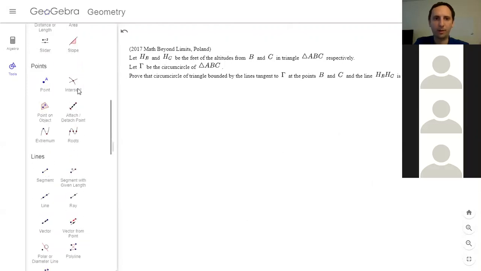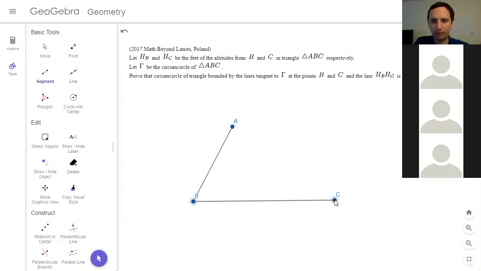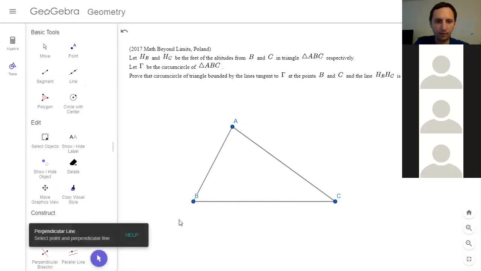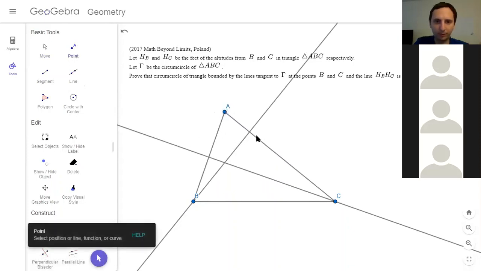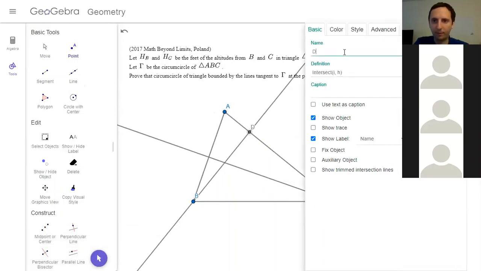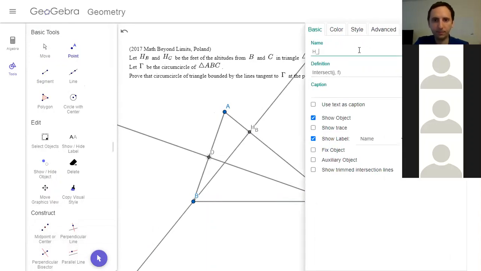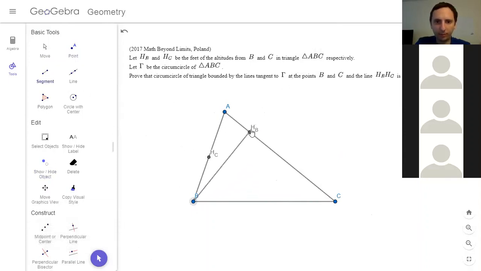So, we have a triangle ABC, and we draw the feet of the altitudes from B and C. There's no altitude button in GeoGebra, unfortunately, but let's call this HB, and this is HC. And we draw the circumcircle of ABC.